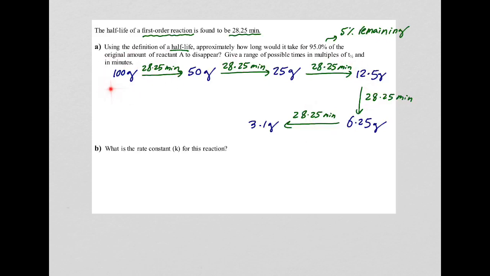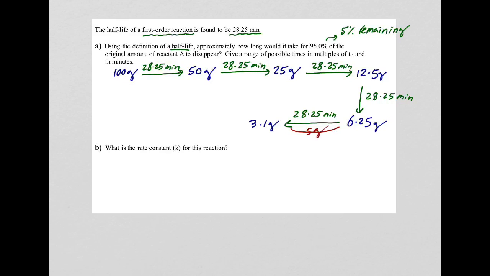Because if I start with 100 grams, the 5% remaining would be 5 grams. So somewhere here, I'm going to have 5 grams. And that's what it tells you to do, to give a range. Are we good so far?